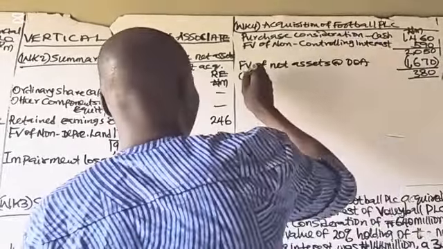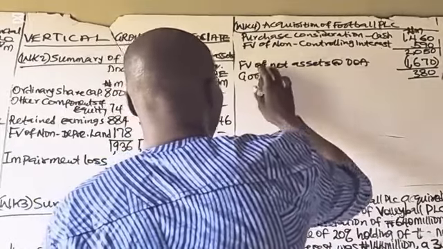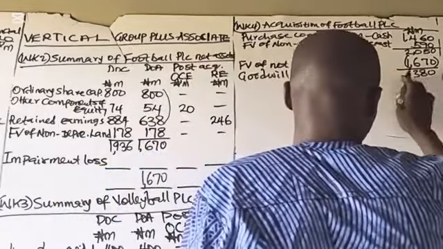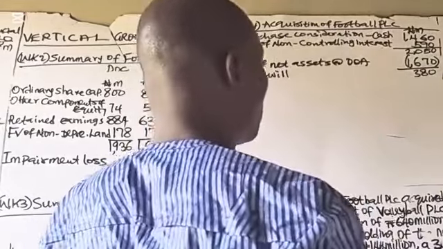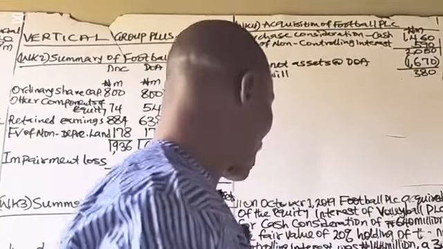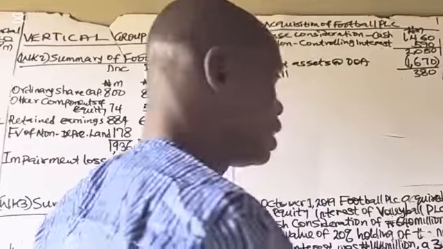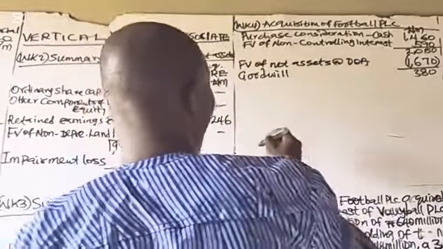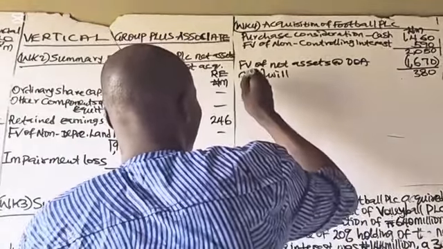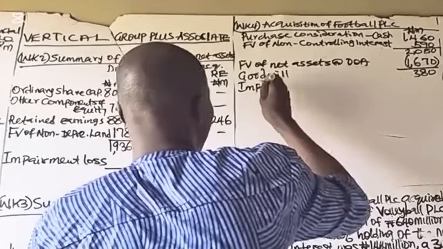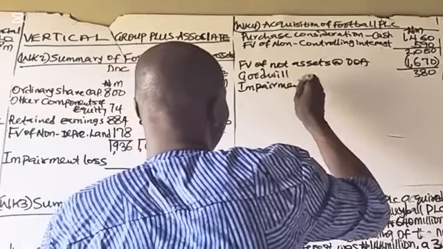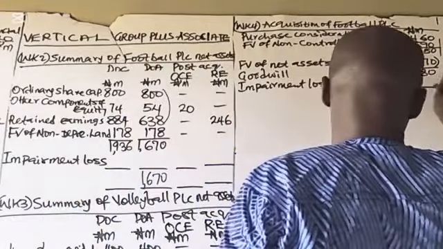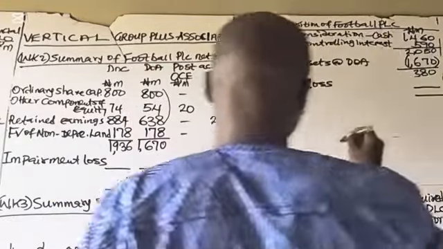That is goodwill. We've not known the amount of impairment loss, if any, that will be charged, because you are given the cash generating units in note 3. Now let's have working number 5. Let me just create a space for impairment loss, so that we'll be able to deduct that, if any, that will be charged against that goodwill.